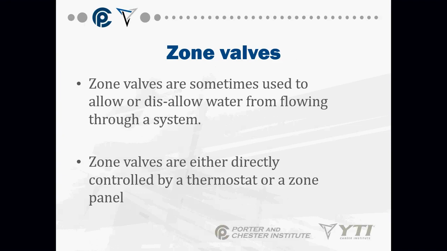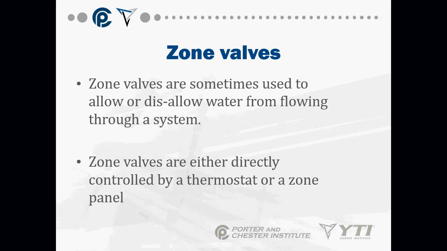You can have thermostats in every single room of the house that are directly wired to a zone valve, or you can have them indirectly wired, where the thermostat is wired to a zone panel, and now the zone panel will control your zone valves and tell them to open or close.